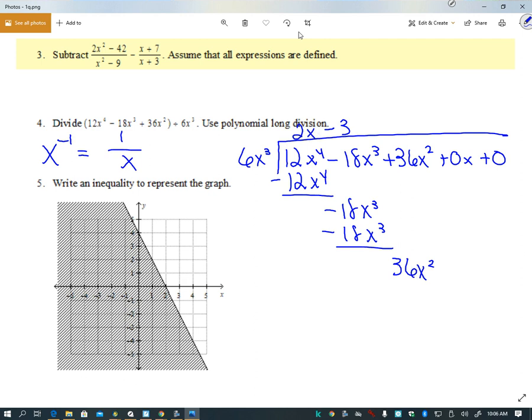Okay, so how do I get 6 to be equal to 36? Multiply it by 6. So I would add 6 and set that over x. Because 6 times 6 is 36, but I have to multiply x cubed by something that's equal to x to the negative 1st. Does this make sense? Okay, and at that point, that's equal to 36x squared. Cancels out. We don't really need the others.